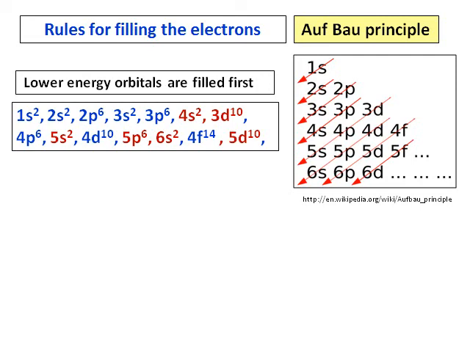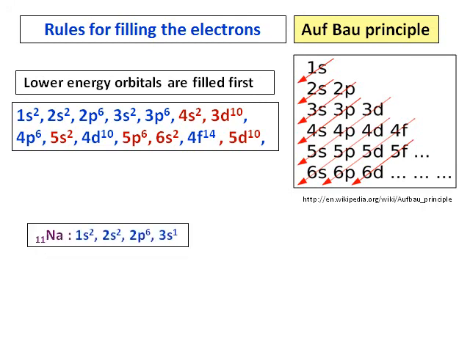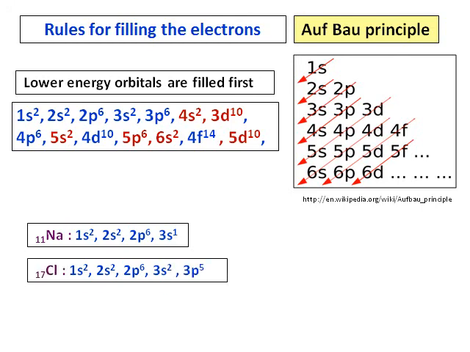So it is good to write down the Aufbau principle. Aufbau is the picture to identify which is the lower level. So based on this, if I write the electronic configuration of sodium, it has 11 electrons. The electronic configuration will be 1s2, 2s2, 2p6. That makes 10 electrons, and 1 electron will be in 3s1.